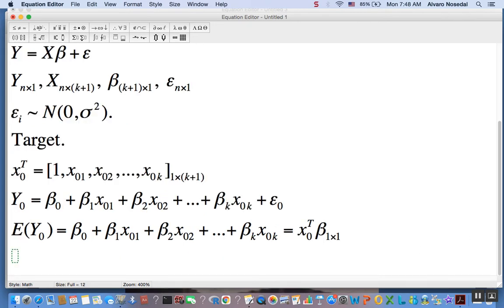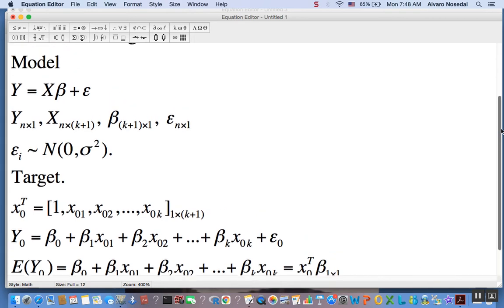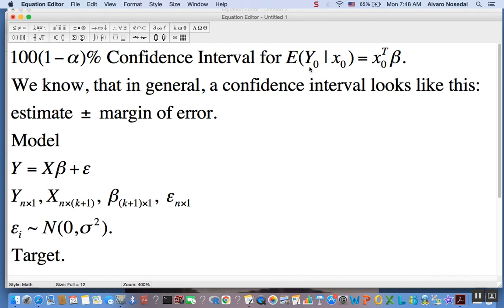Okay, so now that we have our target, that's what we would like to estimate. And note, in some textbooks you'll see that notation, like the one that I have here, that is telling you that you are evaluating that response at that particular combination of values for the predictor variables.